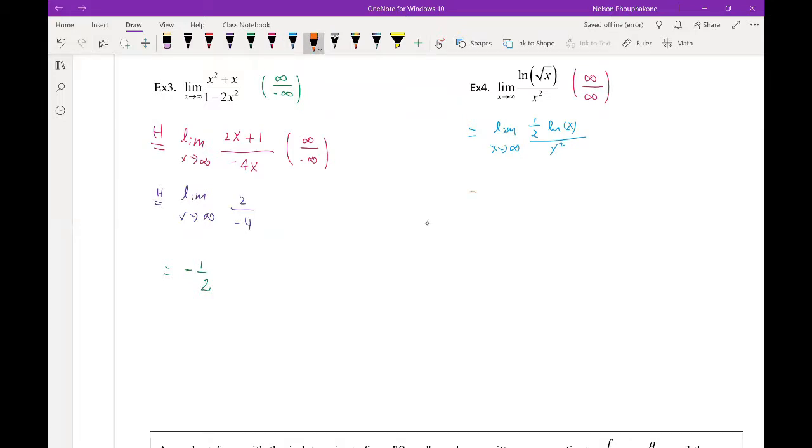And then now I could have the limit as x approaches infinity of 1/2. Oh, now I apply the L'Hopital rule, multiplied by 1 over x over 2x. And then what we could do here is simplify this first.